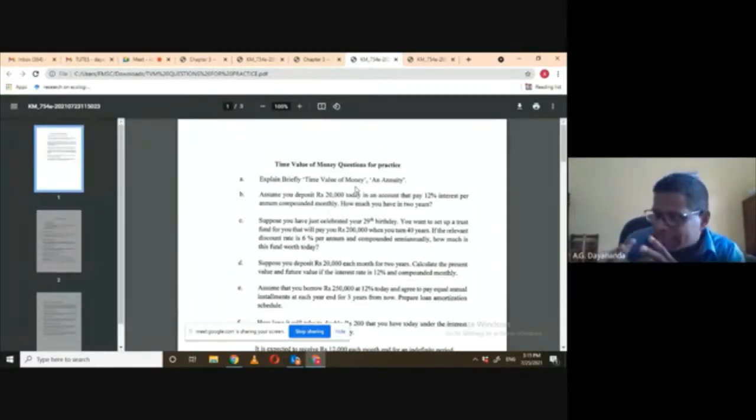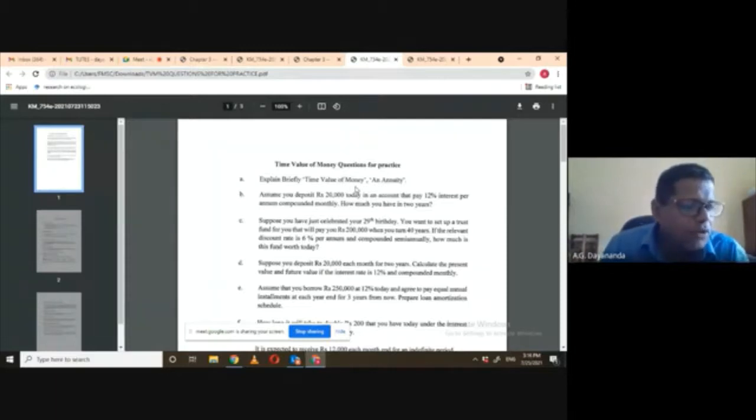So in the annuity case, you are getting or making a payment of a fixed amount for a fixed period. Each year, 5,000 rupees for 5 years. That is an annuity. But the fundamental question is whether the annuity is at the beginning of the period or at the end.